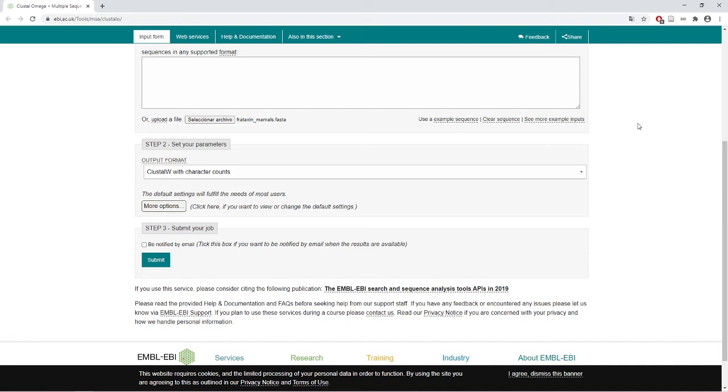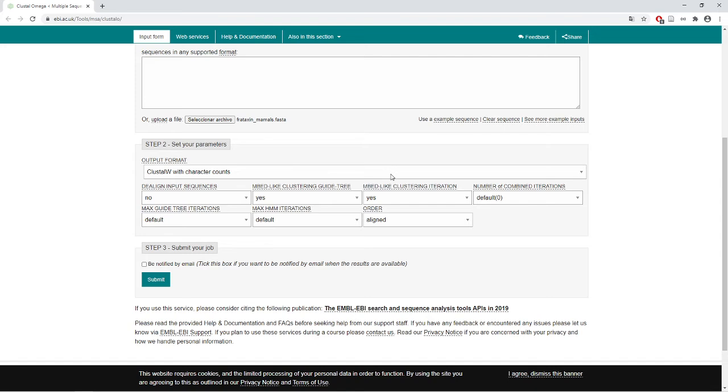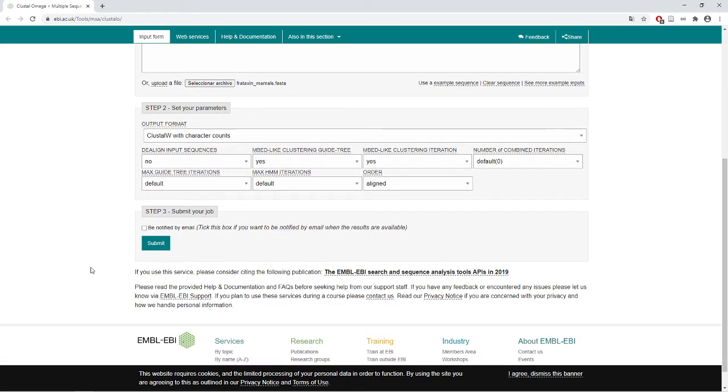It is to store the tree that we are obtaining from the sequence alignment in a text file. There are different ways of outputting the multiple alignment, and there are also more options that we are going to leave as they are. And then we submit our job.